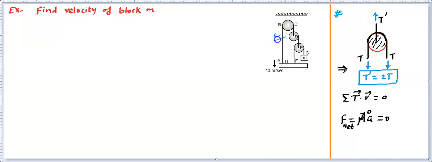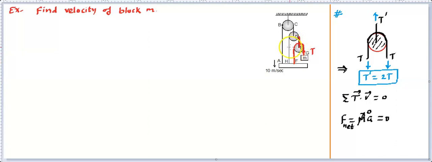Then we can solve a multi-pulley system in a very similar way as we solved a single pulley system, right? So how are we going to proceed? Let me draw the tension first. This M is going to experience a tension in the upward direction. Let's say that tension is T, so this string will have tension T. What will be the tension on this string?